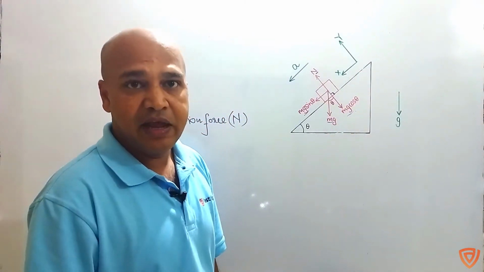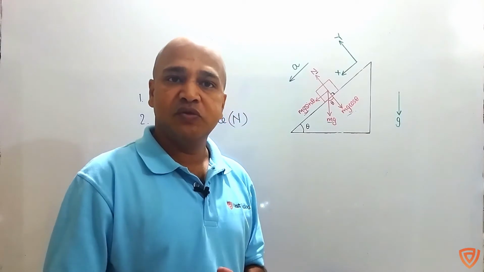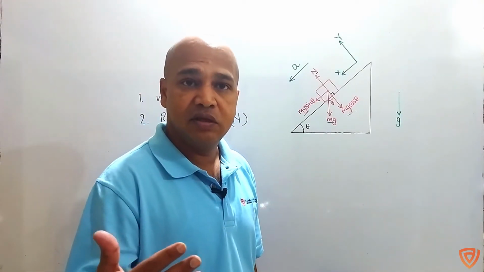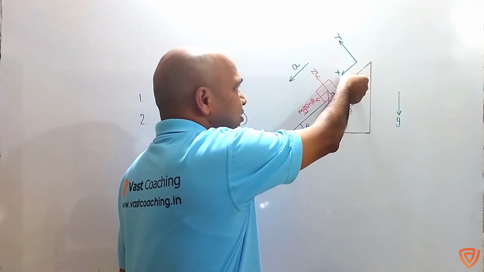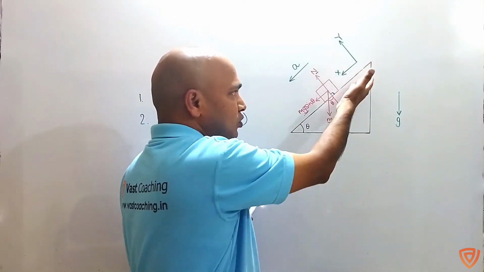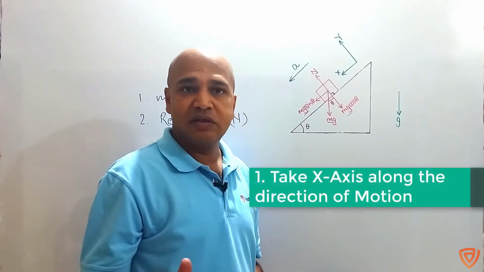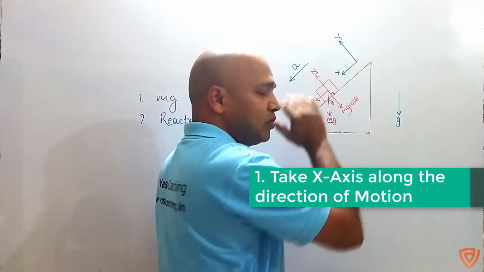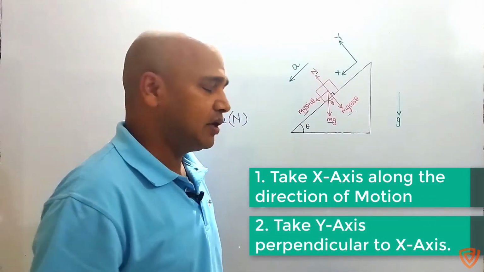That helps us find the forces responsible for the motion along the axis where the motion is happening. The first axis is x, along the plane, because the block is going to move along this plane. So take your x-axis along the motion first, and the y-axis will always be perpendicular to the x-axis.